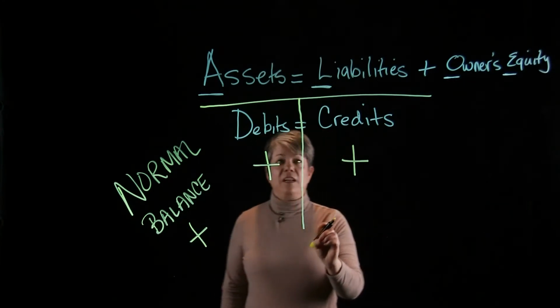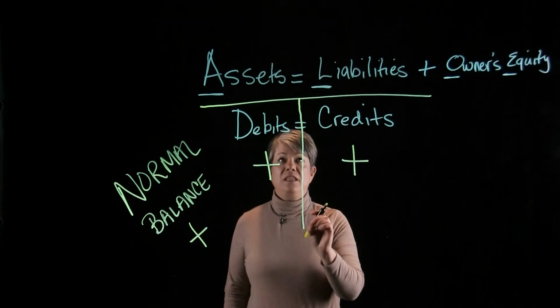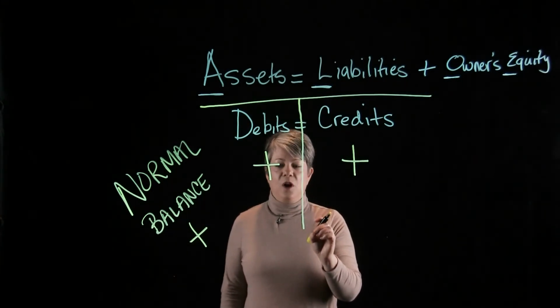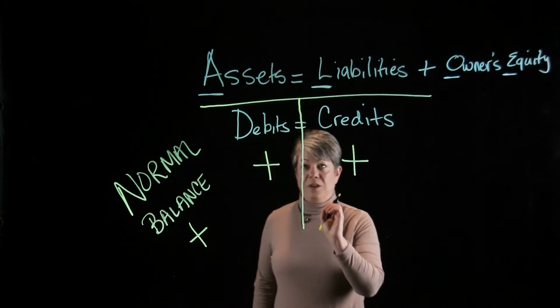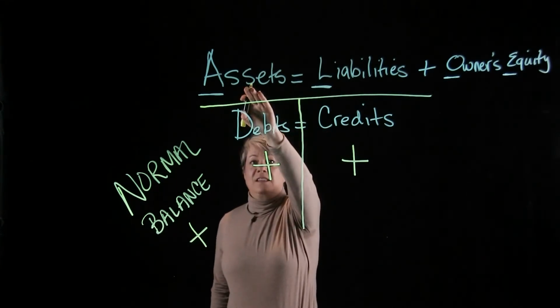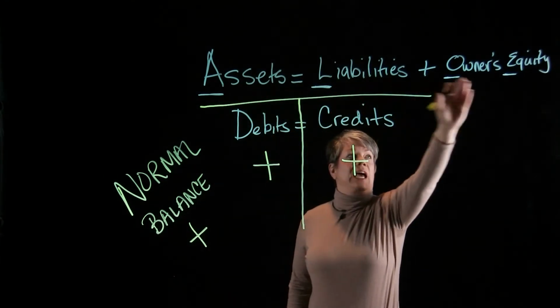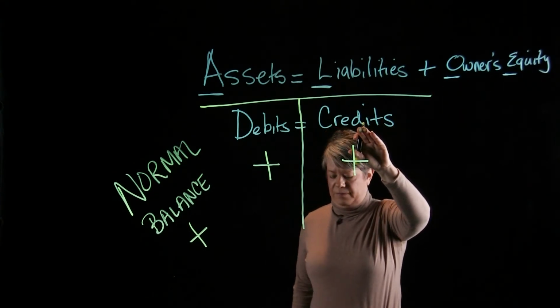So there you have it. This is a simple way to visually look at the basic accounting equation along with debits and credits to know which side will cause it to increase. So do you got it? Assets increase with debits, liabilities and owner's equity increase with credits.